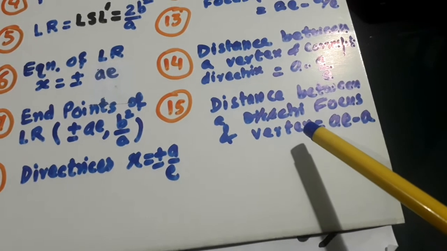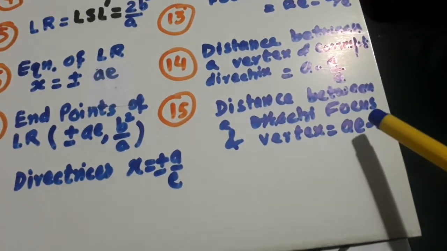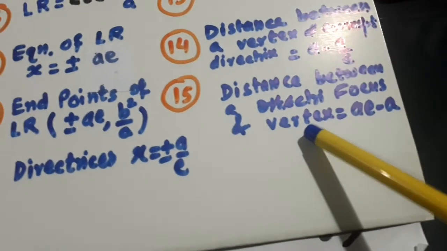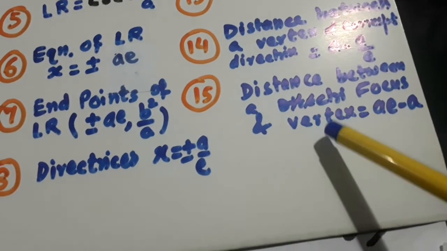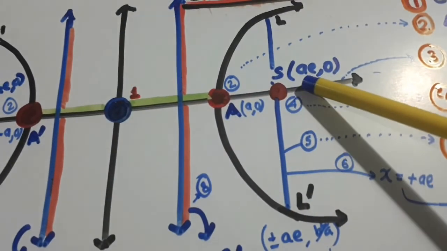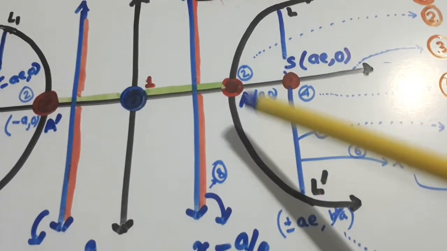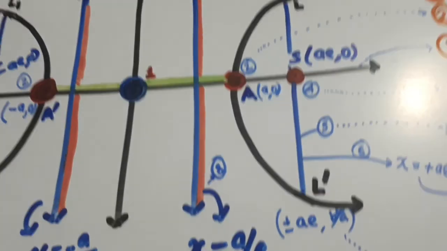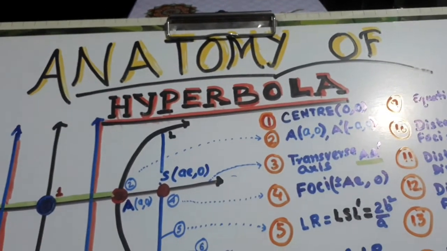Distance between focus and vertex. Focus is ae, vertex is a. So ae minus a. So this is all about anatomy of the hyperbola.